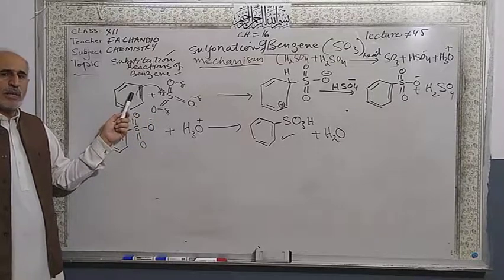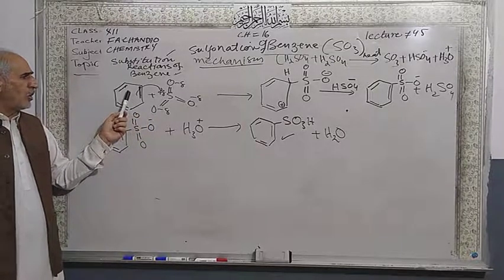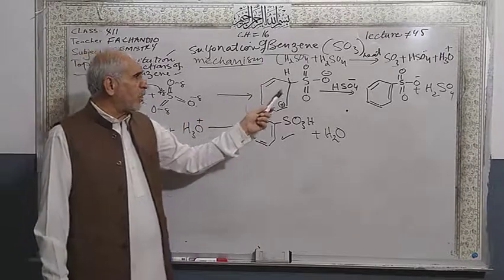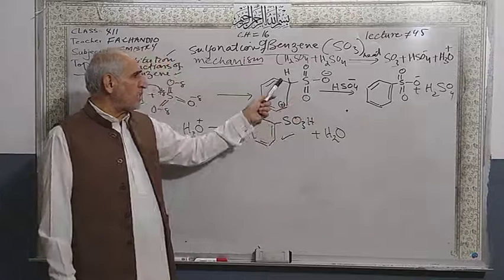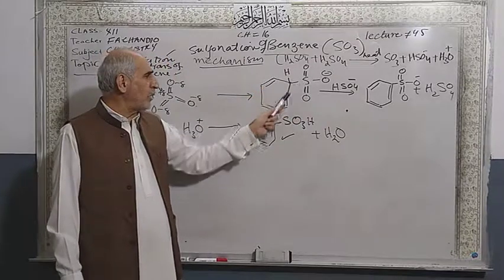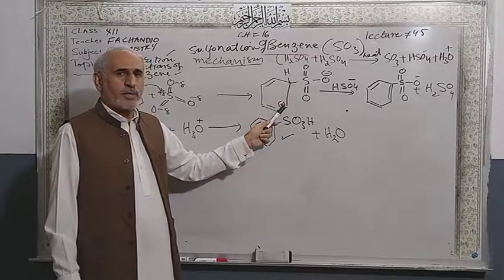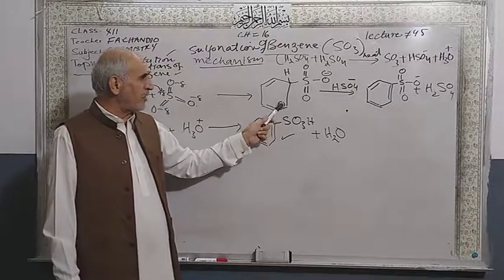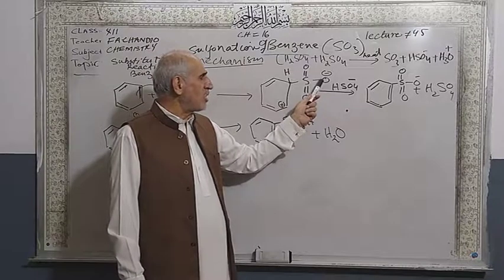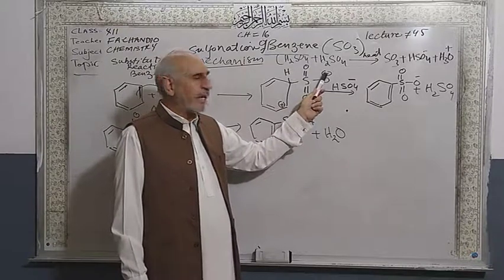Pi electrons of the benzene, which are the nucleophile, attack the electrophile. You will get the intermediate product with 2 charges, because the hydrogen is also here. The valency of this carbon is not satisfied, so it takes a positive charge, and the valency of this oxygen is not satisfied, so it takes a negative charge.